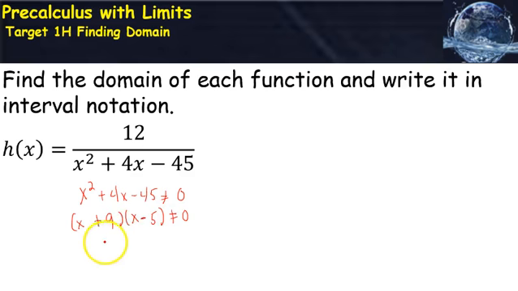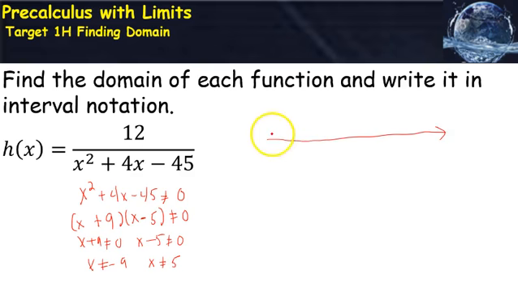So now I'm going to set each of those not equal to 0. So x plus 9 does not equal 0. And x minus 5 does not equal 0. And I get x cannot equal negative 9 and x cannot equal 5. So now I'm going to put these on the number line. Now it's important that I put whichever one comes first. So which comes first?